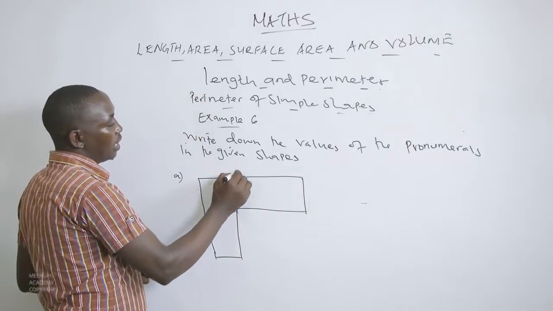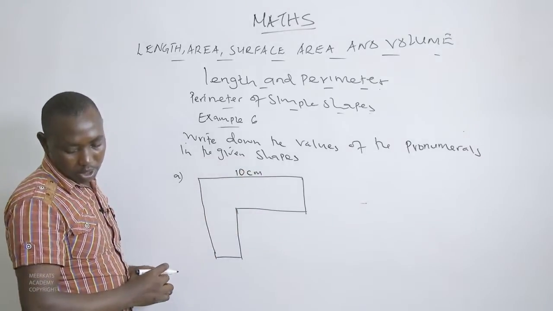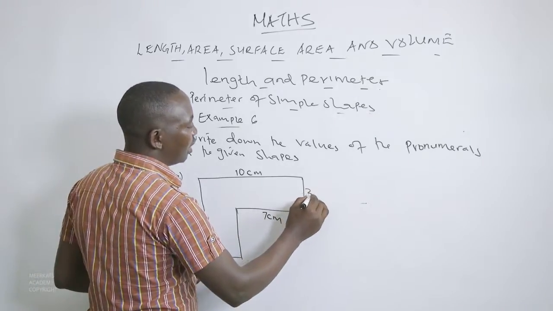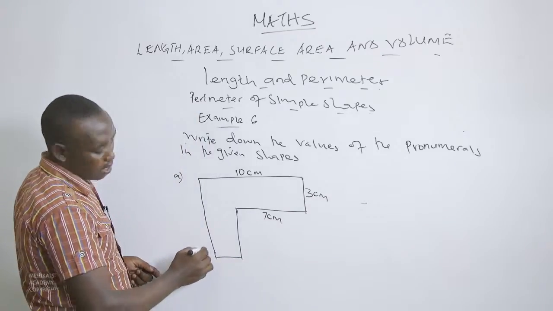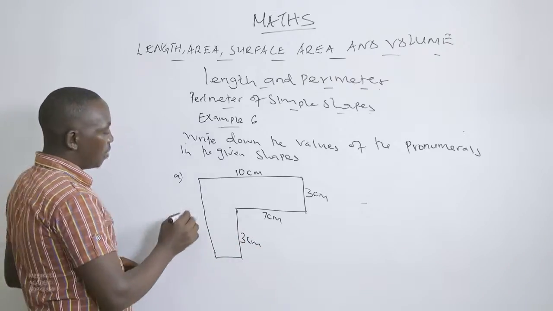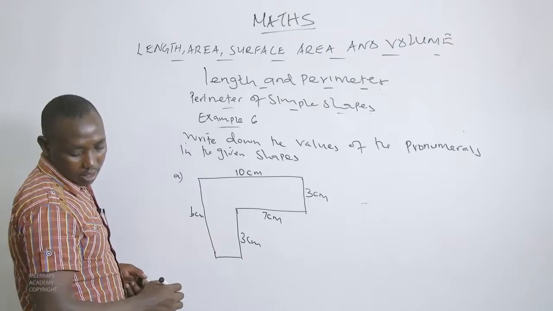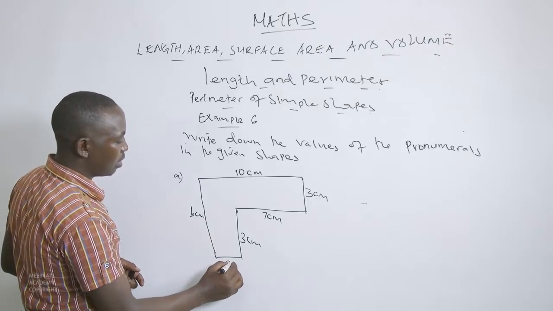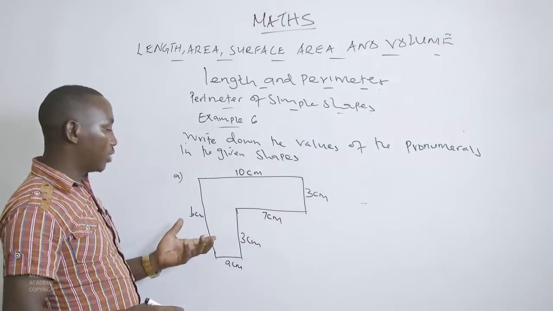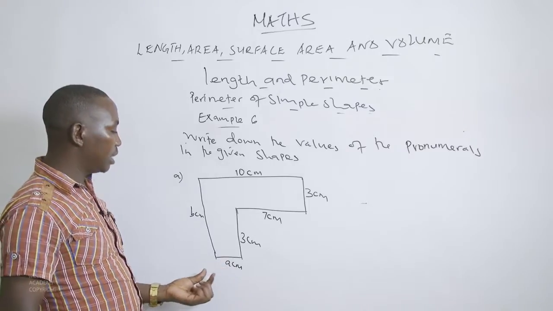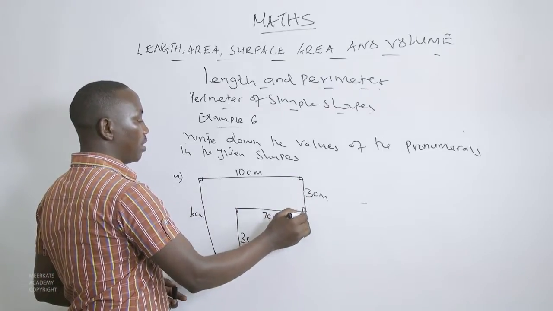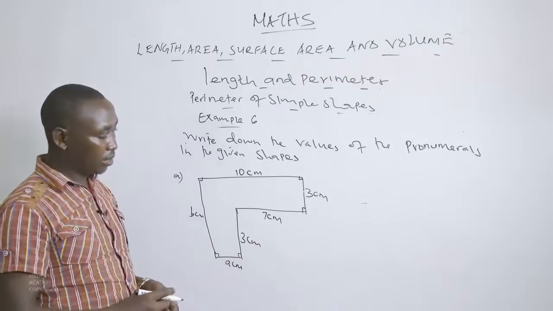We are told that this side is 10 centimeters, this side is 7 centimeters, this side is 3 centimeters, then this side is 3 centimeters, this is B centimeters, then this is A centimeters. So we need to find the pronumerals in this case, and the pronumerals here are A centimeters and B centimeters. Important to note is that all these are right angles.